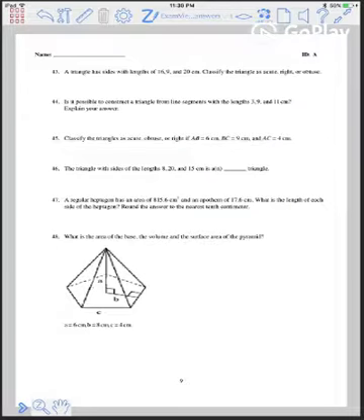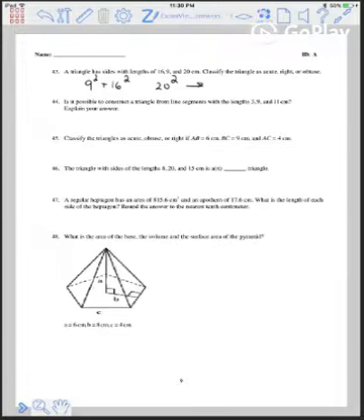Right, for number 43, the triangle has these 3 side lengths. We're supposed to classify the triangle as acute, right, or obtuse. So these are the Pythagorean inequalities. The 2 shorter sides, we have to square those and add them, and then compare that to the longest side squared. So 9 squared plus 16 squared, we have to compare that to 20 squared.